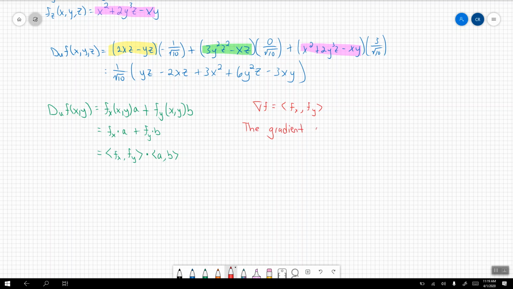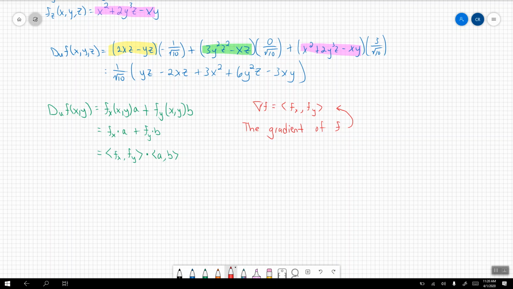The gradient of f. The notation that we use is right above. We use this upside down triangle known as del. So we'll say del of f is equal to the vector where the components of the vector are the partial derivatives of the function that we are working with. So every function can have a gradient, and now we need to know how to find these gradients.